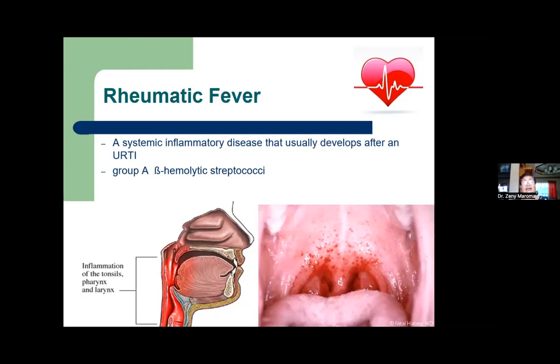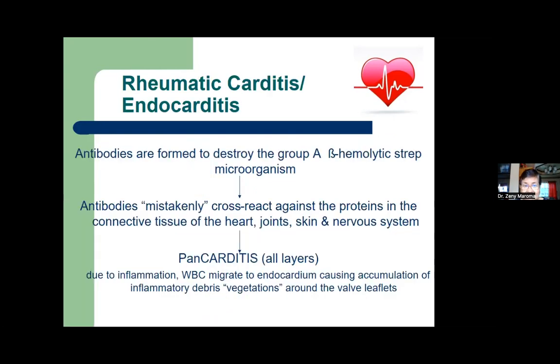Okay, so the client has or had manifestations of an upper respiratory tract infection caused by GAB, group A, beta hemolytic streptococcus. Okay, and pagka ang puso ay affected na, so we call the condition rheumatic carditis or rheumatic endocarditis.